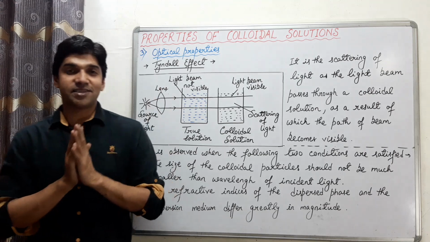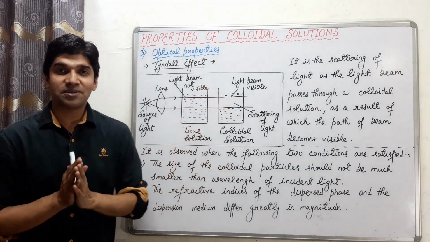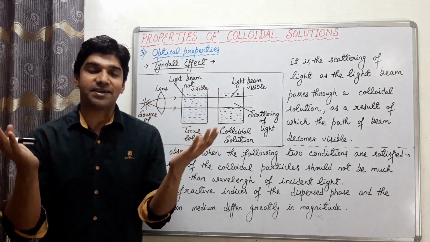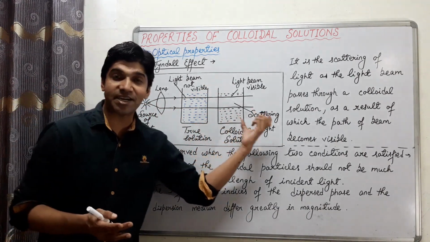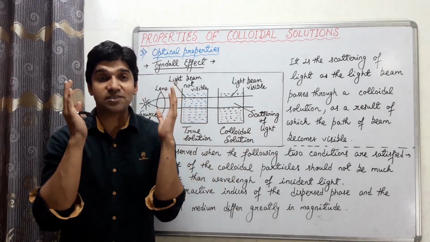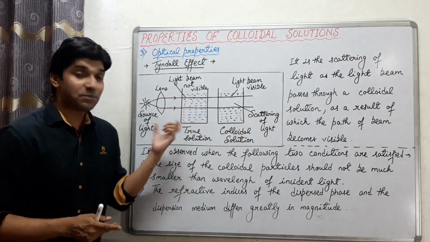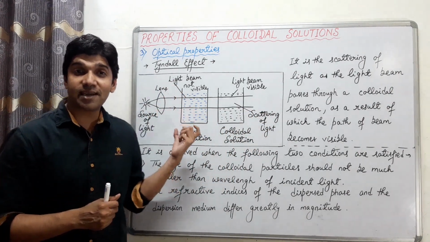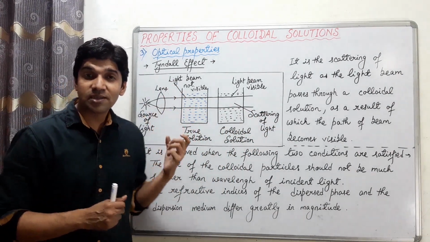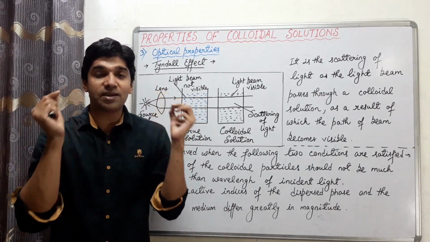So why in this case the path of the light beam becomes visible? Due to scattering of light. So light gets scattered in this case by the particles of dispersed phase of the colloidal solution. यहां पे क्यों नहीं हो रहा था? Because in the case of true solution, the particles of true solution are very, very small in size.